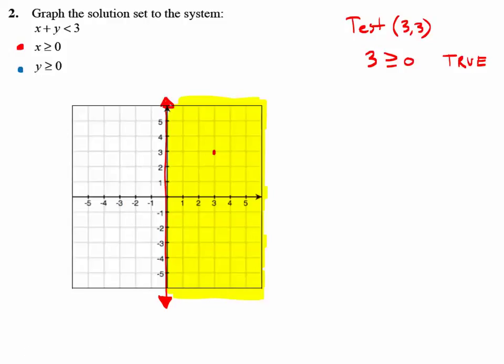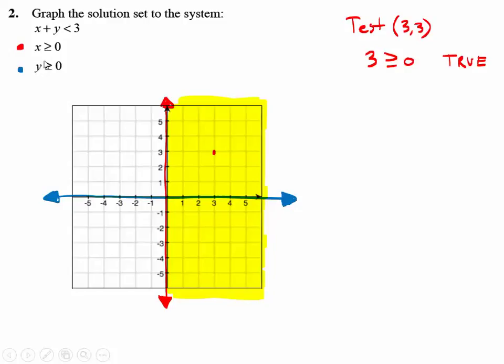Next one, y greater than or equal to 0. Can you guys graph that one? I'll give you a hint, something about a horizontal line. Cool, all right. So y greater than or equal to 0, that's a horizontal line along the x-axis this time. It's solid as well.